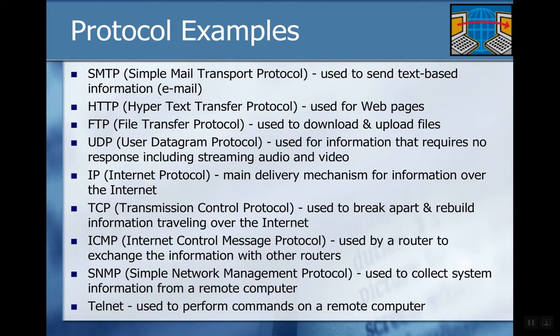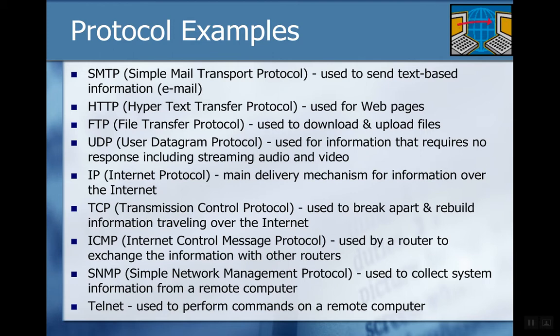TCP/IP is a whole series of functional capabilities that enable you to break down and reassemble data and send it across the network. ICMP, Internet Control Message Protocol, is a utility protocol that's used by routers to exchange information back and forth.